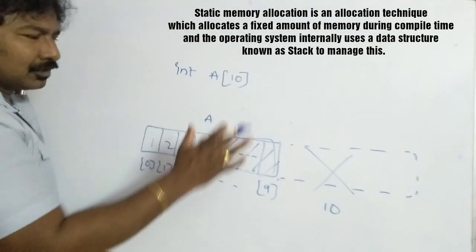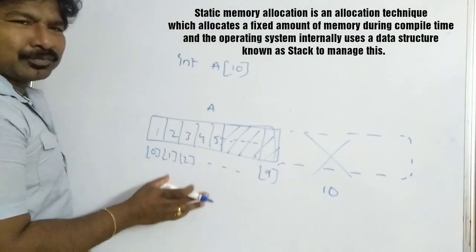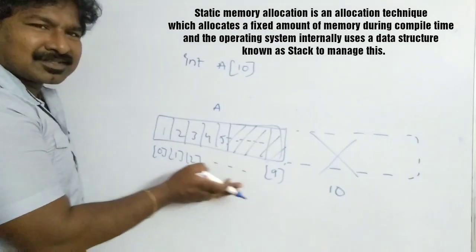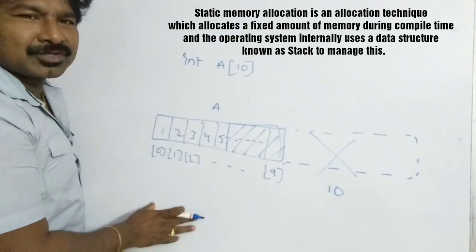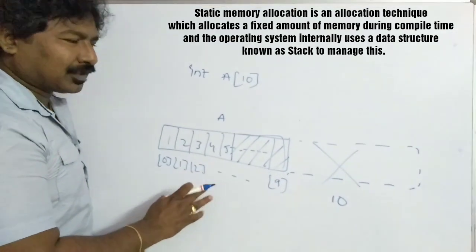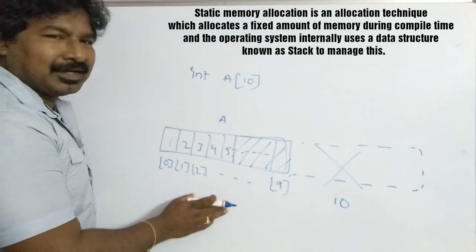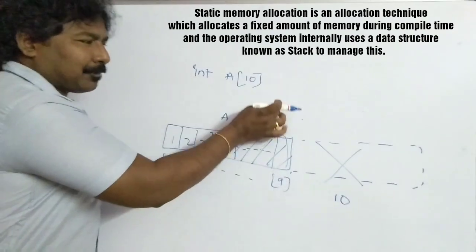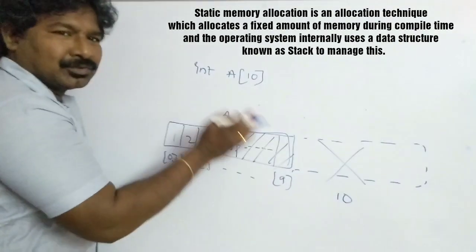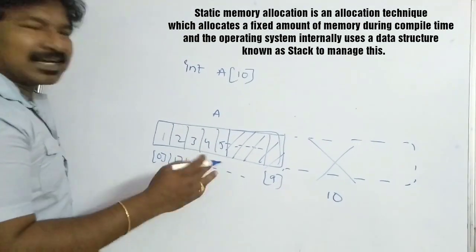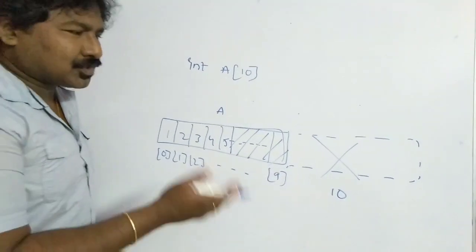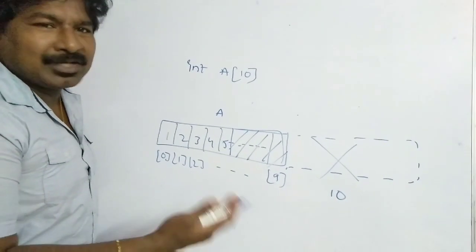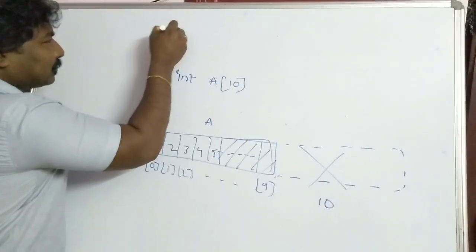So the important points are: you cannot decrease or increase the size of the array during execution. Whatever size you want must be fixed during compile time, statically. You cannot increase or decrease dynamically. That's why this particular concept came into the picture, dynamic memory allocation.